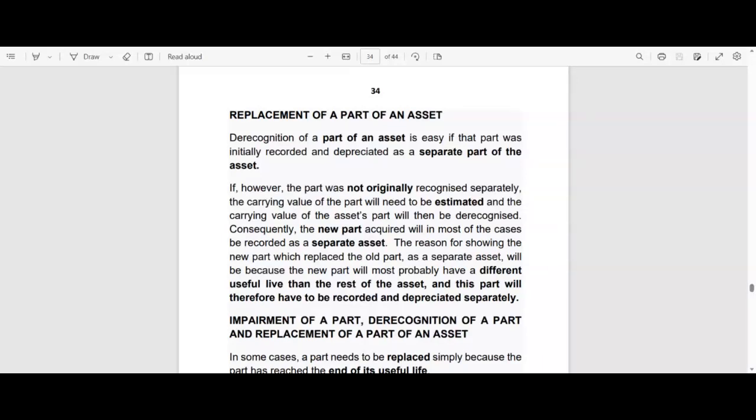So for instance, if your financial year ends on the 31st of December each year, and you are replacing this part on the 30th of June of a particular financial year, it means you'll have to go and depreciate it for the first 6 months of that financial year, right? For January, February, March, April, May, and June. Then your depreciation is up to date until that specific day that you are going to replace that significant part.